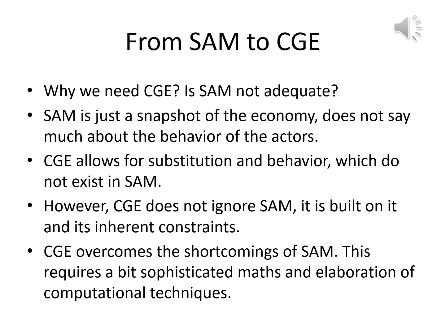To put it another way, the CGE does not ignore the SAM, but it overcomes its shortcomings, and by overcoming we mean we need a functional form for each of the numbers in these cells, 5, 20, 10, 15. Instead of working with these numbers, we will be working with functions. Functions means mathematical equations.